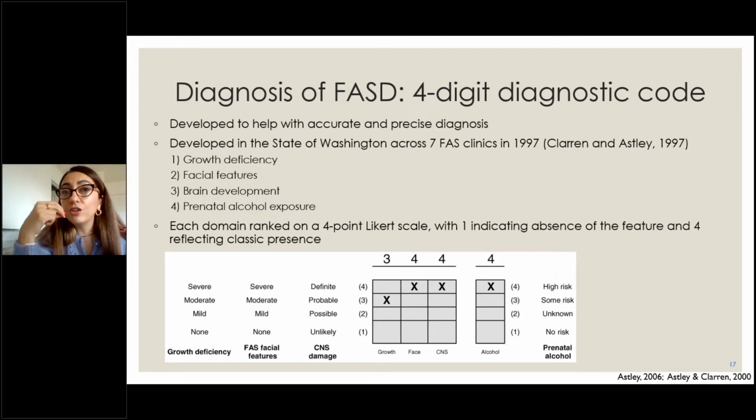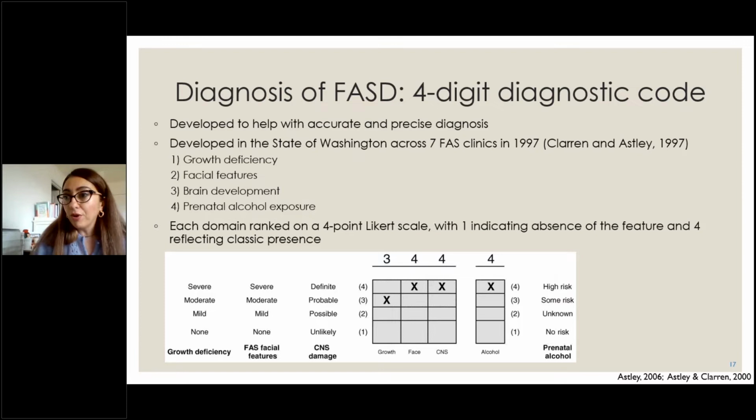So it's a very, very accurate and specific measurement that is conducted, which gives us a number on that Likert scale. And then prenatal alcohol exposure is also documented through the means that I already talked about.